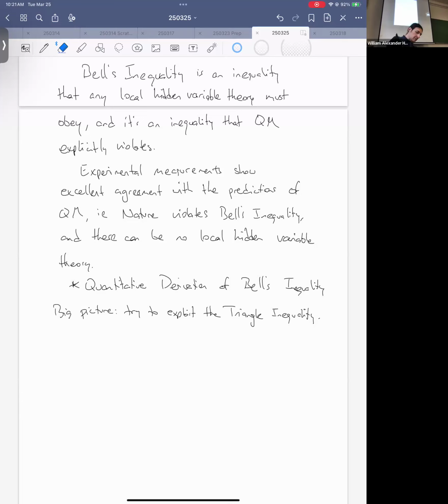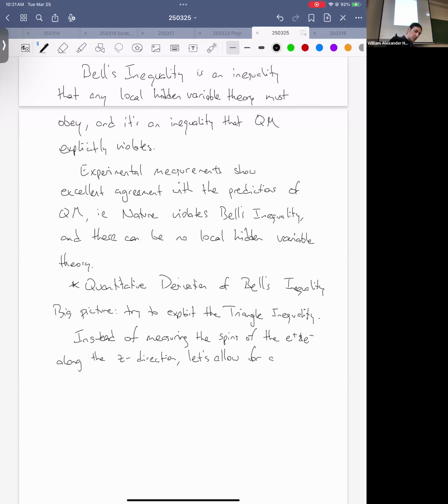Okay, so instead of measuring the spins of the E plus and E minus along the Z direction, let's allow for a more general measurement.